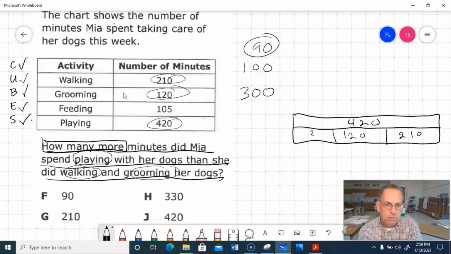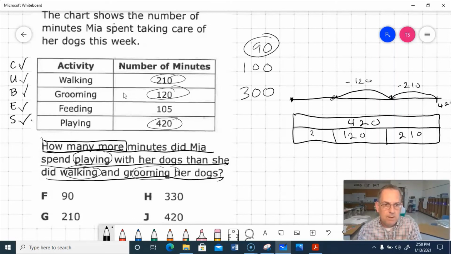Okay, I can also do a number line. A number line and strip diagrams are really pretty similar, in my opinion. So if I took a number line right there, and this would be 420 right here, and then I jump back 210, and then went back another 120.